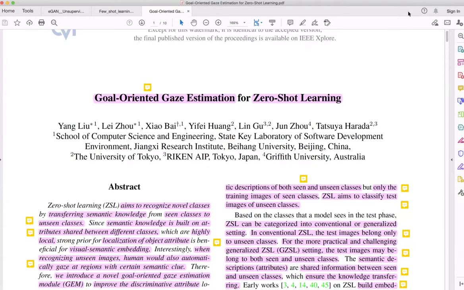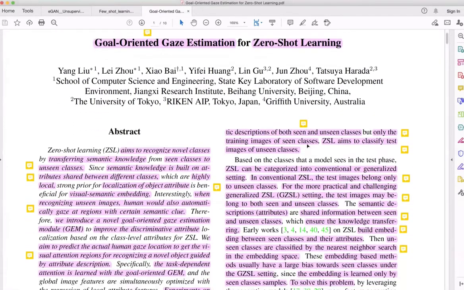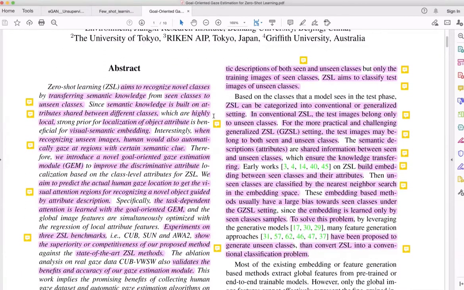So as a result of that, we decided to take out those species of bumblebees that are rare and embark on learning a model on them through the zero-shot learning approach. A similar thing is employed in this paper. As you can see here, the ZSL problem aims to recognize novel classes by transferring semantic knowledge from seen classes to unseen classes.